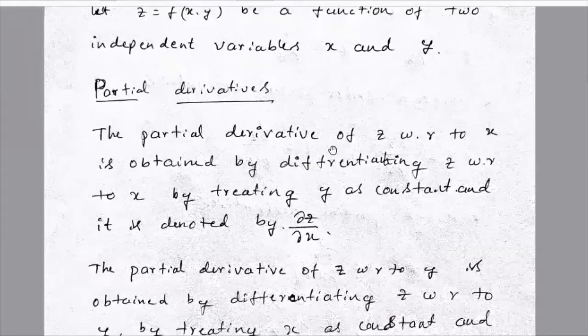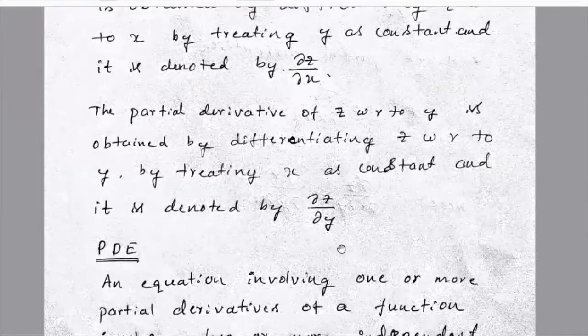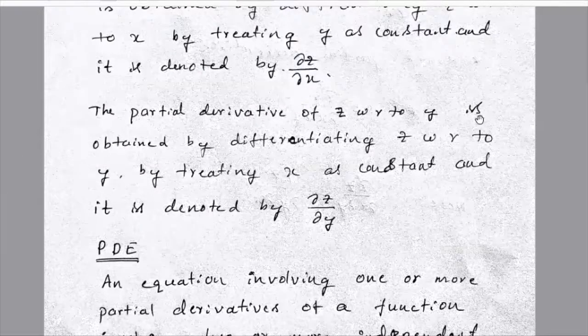The partial derivative of z with respect to x is obtained by differentiating z with respect to x by treating y as constant, and it is denoted by dou z by dou x. Similarly, the partial derivative of z with respect to y is obtained by differentiating z with respect to y by treating x as constant, and it is denoted by dou z by dou y.